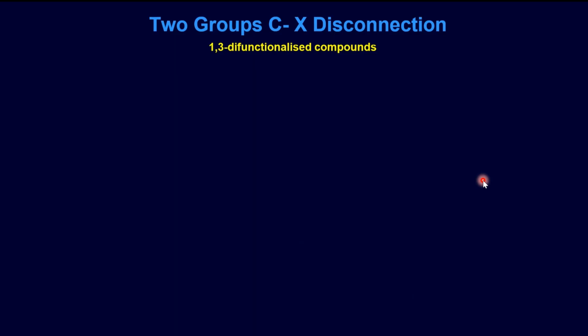If the two functional groups are present at the 1 and 3 positions, and one of the functional groups present is carbonyl, here you see 1, 2, 3. At the third position and first position, there is a carbonyl group and a nucleophilic group.